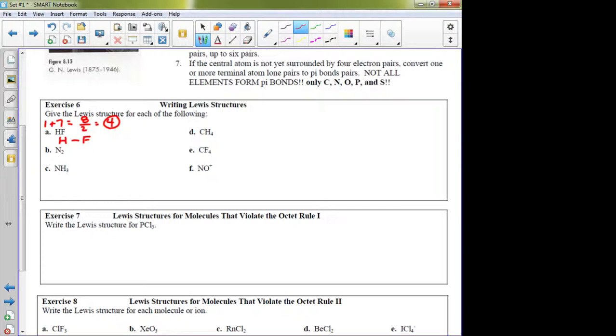Yes. Where do the extra electron pairs need to go? Around fluorine, because fluorine wants how many? 8. So I count them up. 1, 2, 3, 4 electron pairs. So did I draw this correctly? Yes. We see that? Everybody have this, because I'm going to erase it to make room for the next one.